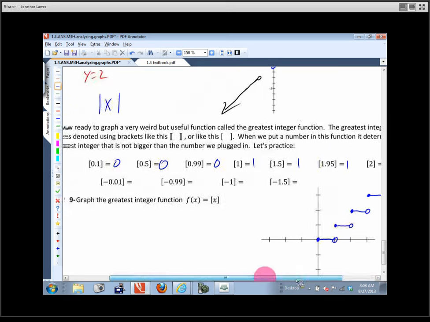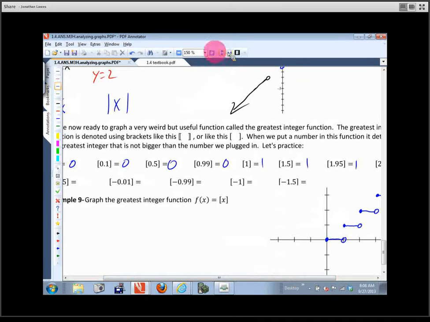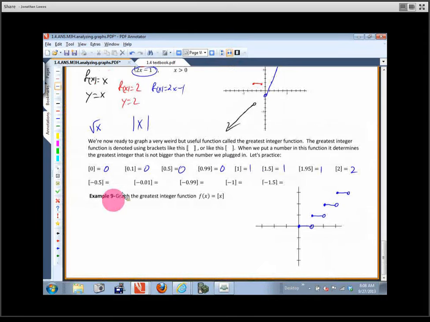Okay, and for some reason this part messes people up. What if I plugged in a negative 0.5? So let's do this one right here. It is negative 1. Okay, so a lot of people will think, gosh, it's got to be 0. It's not. Think about the way the numbers are ordered. If I plug in a negative 0.5, it is right here.